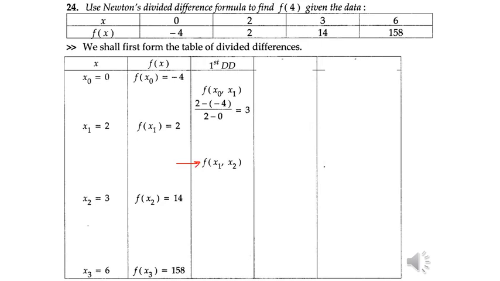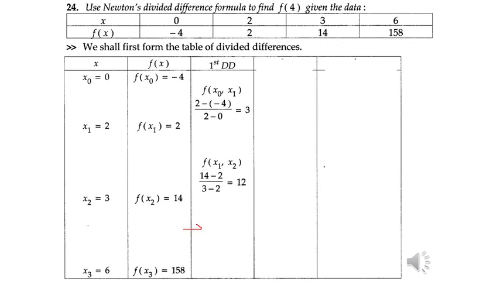Same thing. 14 minus 2 divided by x2 minus x1. Let us see. 14 minus 2 divided by x2 minus x1, that is 3 minus 2. And let us simplify this and get the answer as 12.